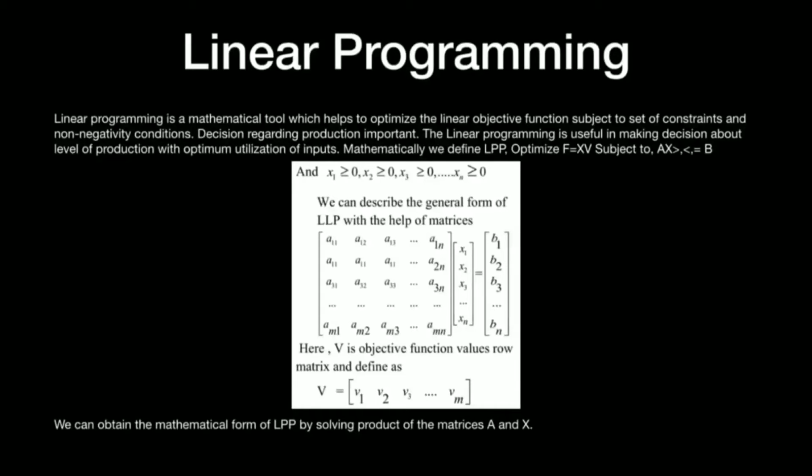Mathematically, we define the LPP as optimize f(x) subject to Ax. We can see this in the PowerPoint. We can obtain the mathematical form of the LPP by solving the product of the matrix A and x.